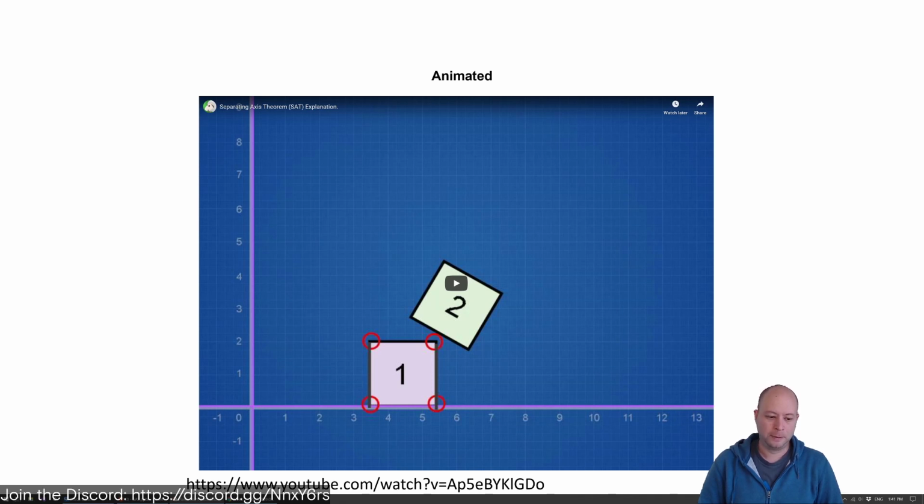For example, GJK, or Gilbert, Johnson, and K, I forget what the K stands for, a very, very powerful algorithm using the Minkowski sum, which is a really cool little algorithm. It determines, using the Minkowski sum of two objects, whether or not they're colliding by figuring out if the origin is in the sum of the set of the points.